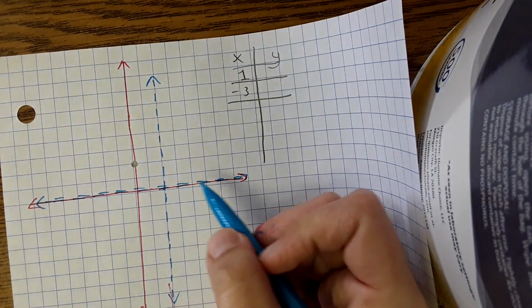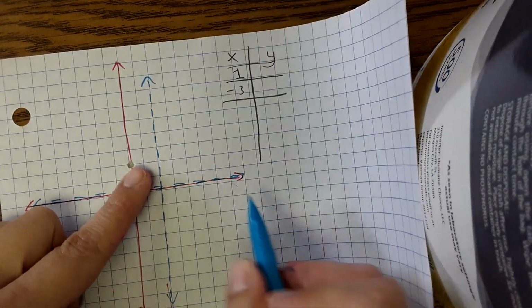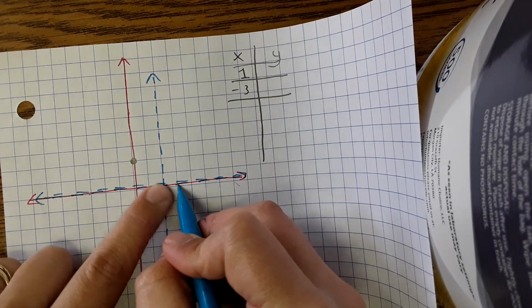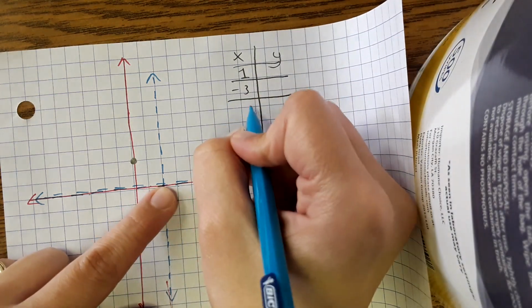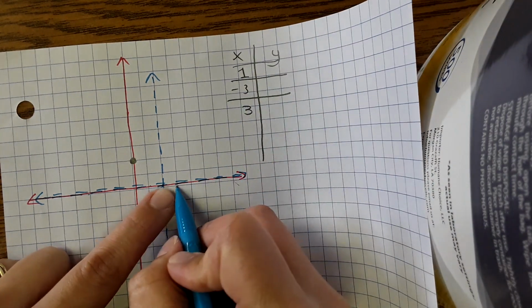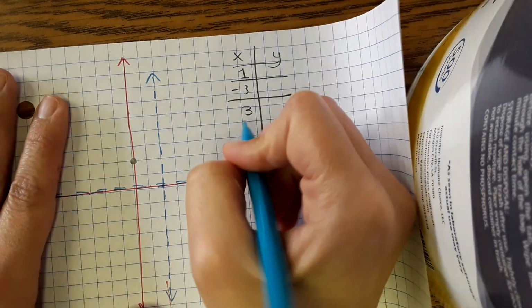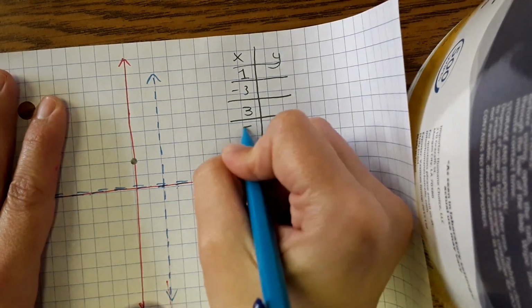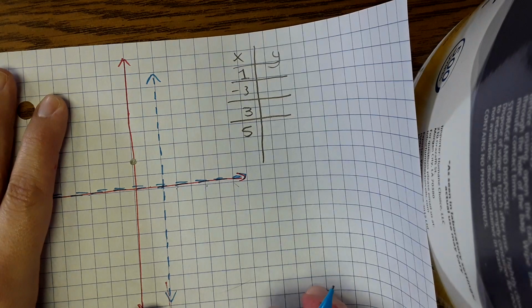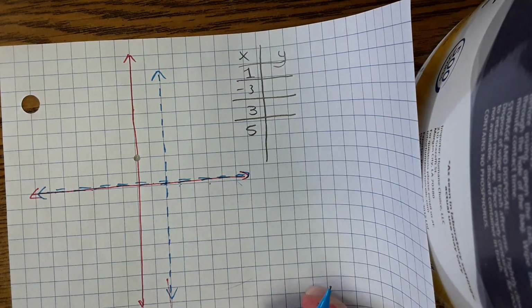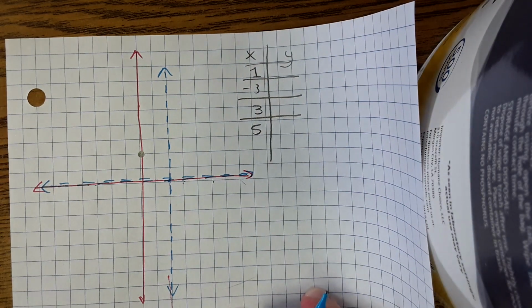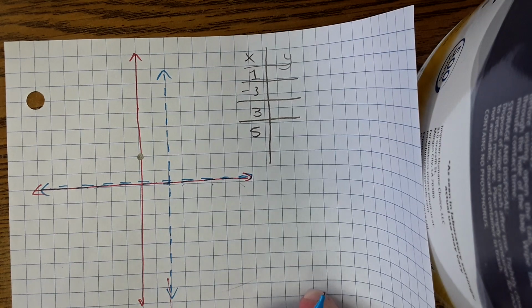And the other part of the graph is going to be down in this quadrant, so maybe 3 would give me a point, and then maybe 5.